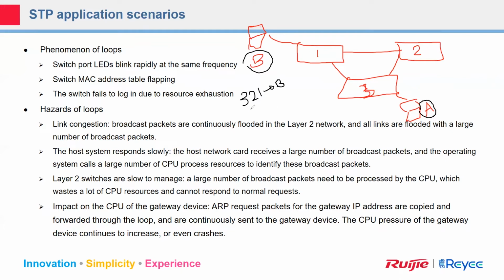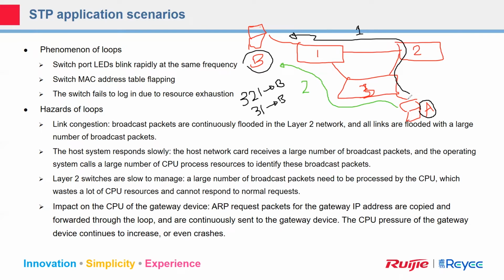The other way is 3, 1, and then PCB, correct? 3, 2, 1 goes to PCB. This is way 1. And way 2 is 3, 1, and PCB, right? This is way 2. So it has 2 ways to reach the destination, which is PCB.